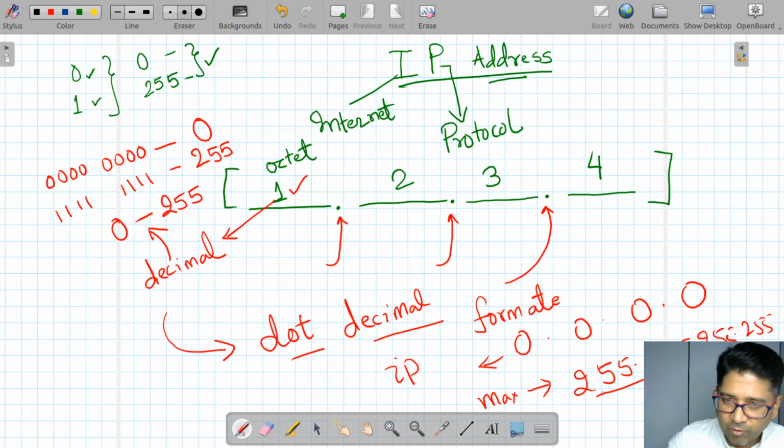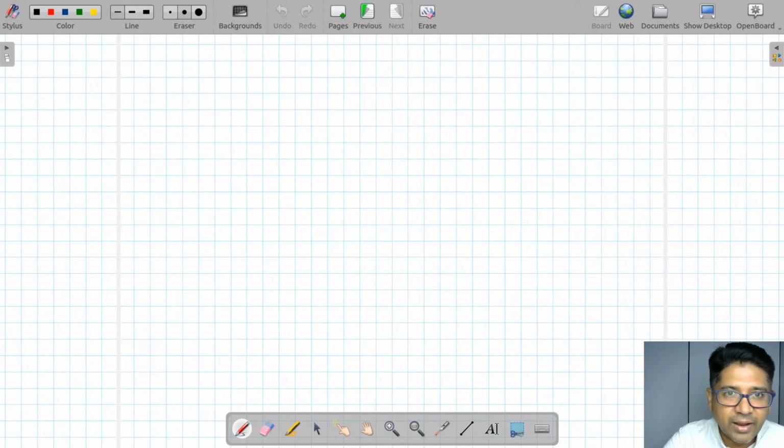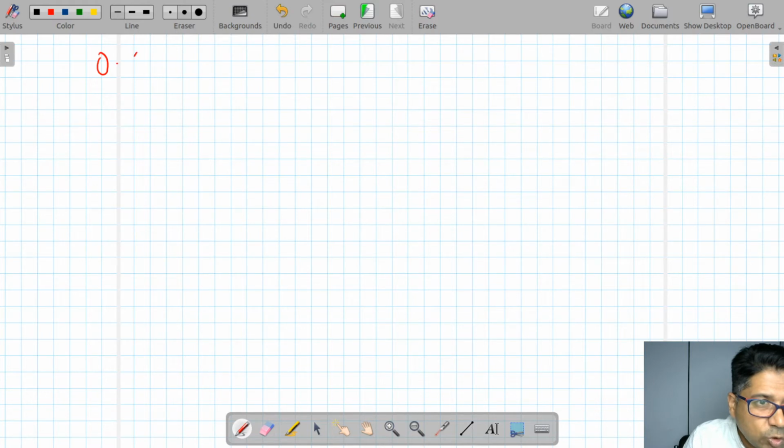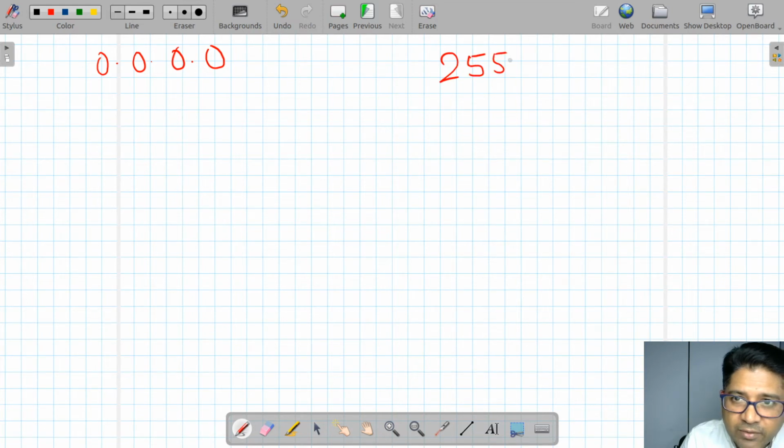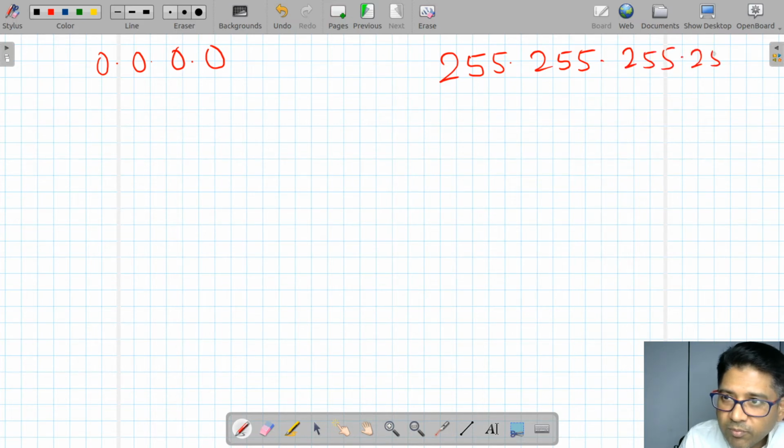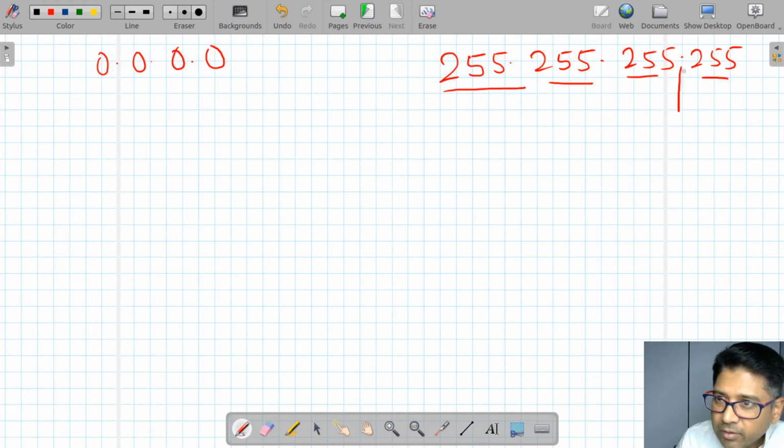Okay. Now, let's understand. So the first IP is 0.0.0.0, and the last IP is 255.255.255.255. So 4 octets separated by dots, so that is called dot decimal format.